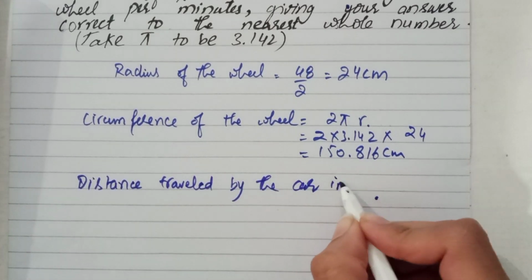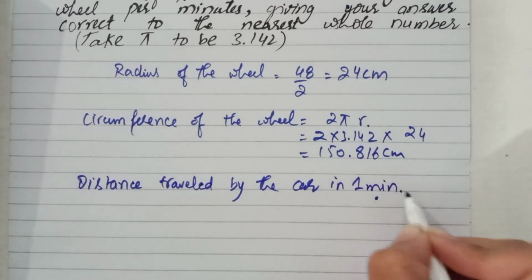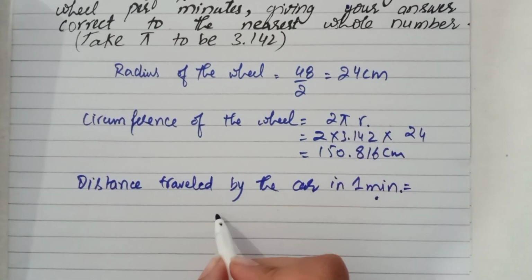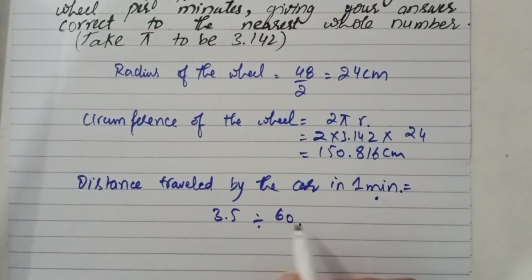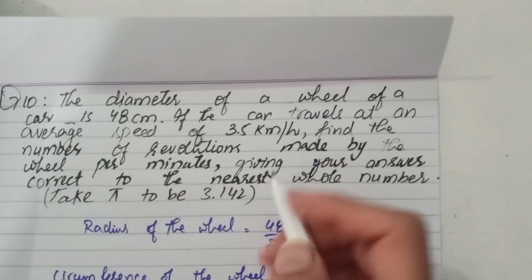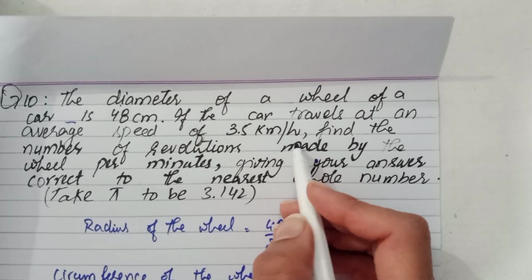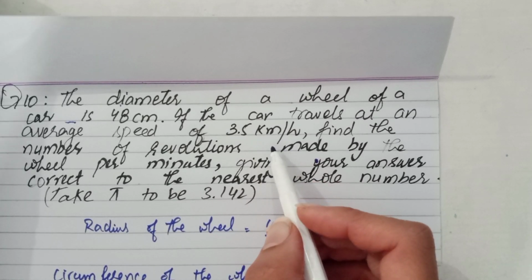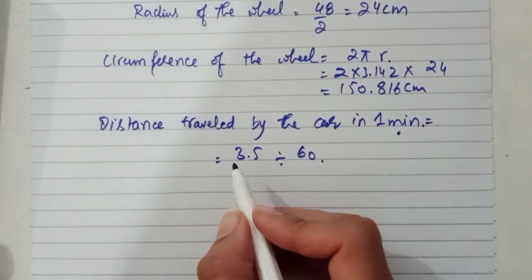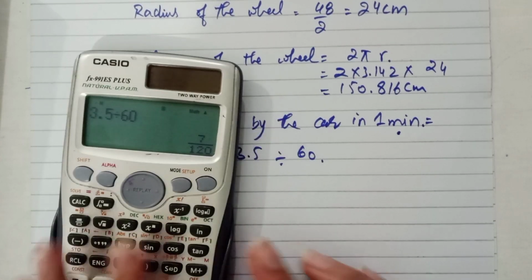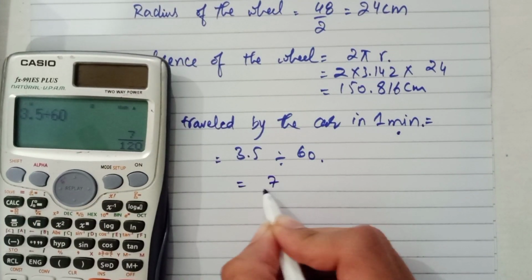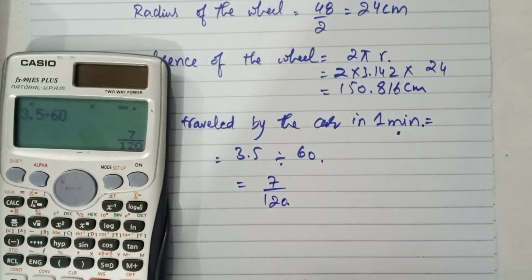Distance traveled by the car in 1 minute is 3.5 divided by 60. We have to convert into minutes, and the speed is in kilometers per hour, and 1 hour has 60 minutes. That's why we divide it by 60 and we get 3.5 divided by 60, which is 7 over 120.